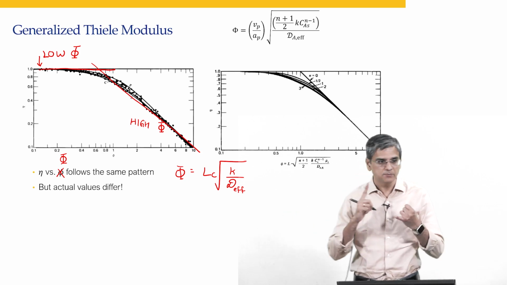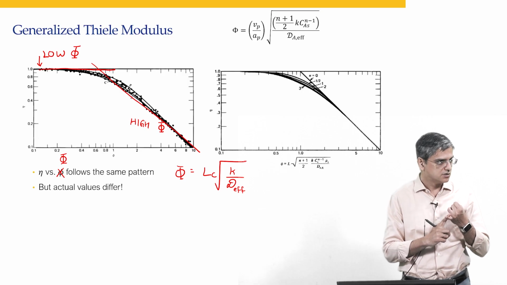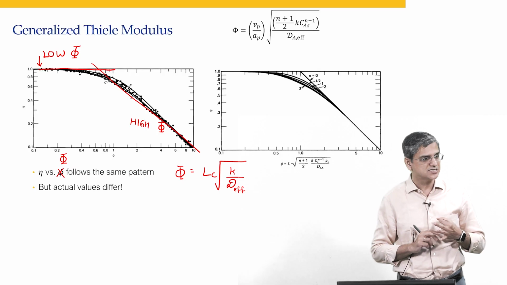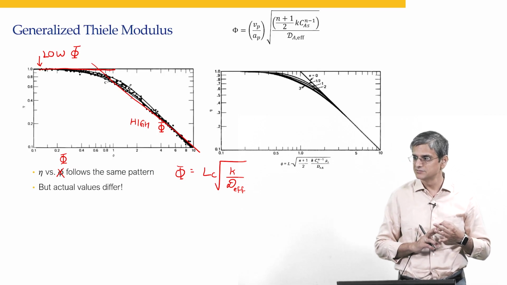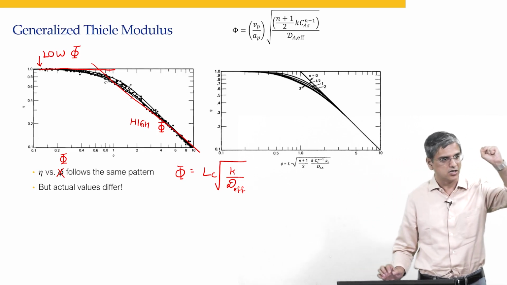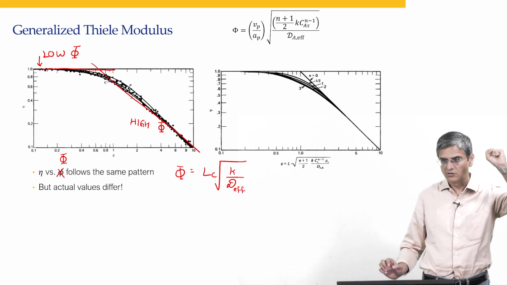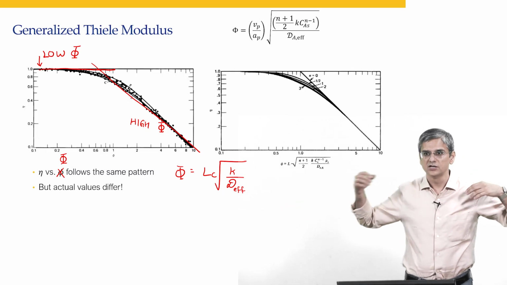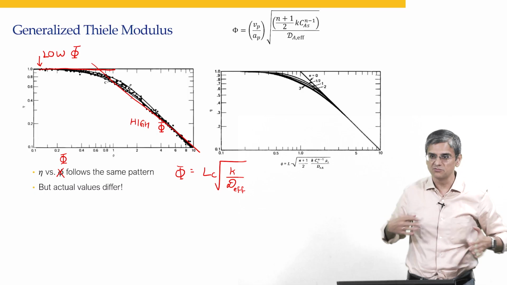That can be because D is very large, because K is very small, or because L is small. So think about you swimming in a swimming pool. You are the same person, you can swim equally fast.